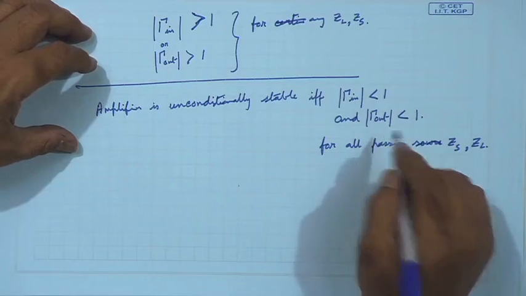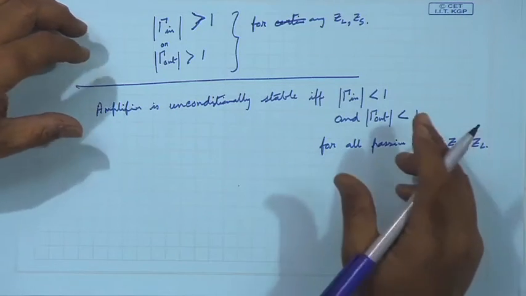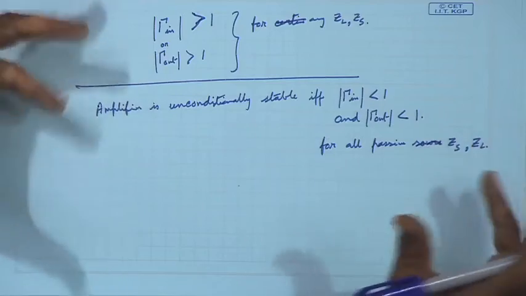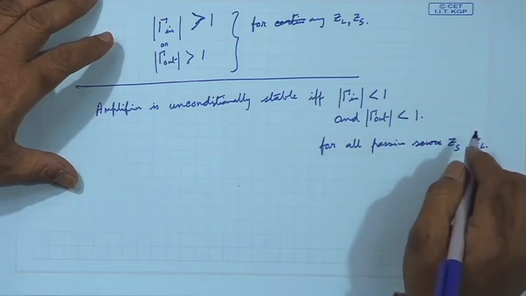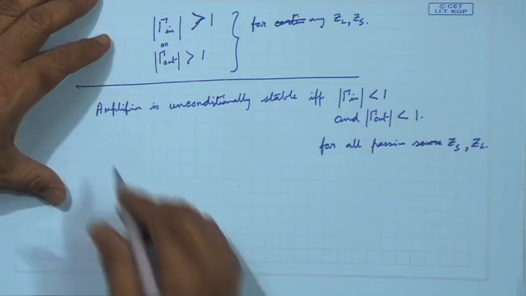Now, we have seen that these gamma in and gamma out values depend on the S parameters of the device and also on load and source conditions. So, we can find out some criteria, or we can find out on the Smith chart whether this is taking place or not.